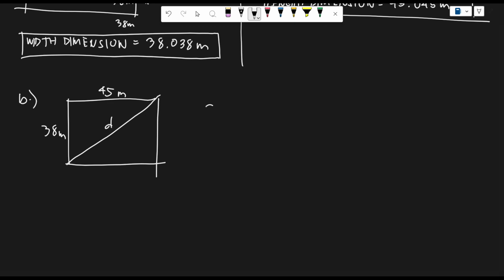So our diagonal D will be equal to the square root of 45 squared plus 38 squared. Okay? So our diagonal should be 58.957 meters. Okay? This should be the length of the diagonal.